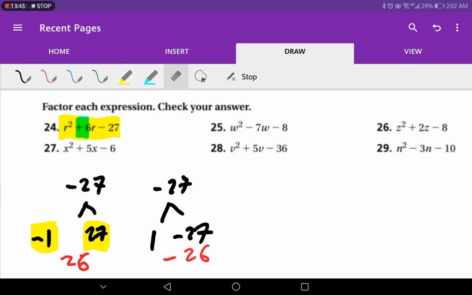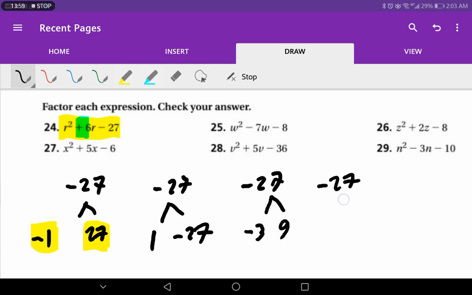So no need to take this, but let me continue. Negative 27 again. If you go to the multiplication table, take 3 multiplied by 9, or negative 3 multiplied by 9, or 3 multiplied by negative 9.